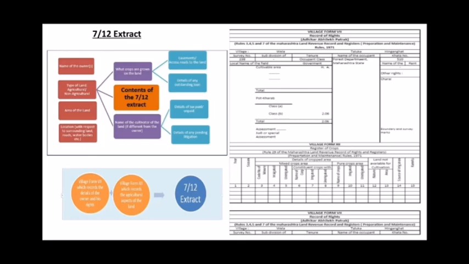Here the names of other joint holders are given, like when a land is owned by many people, or the land is in two people's names. So what is the other person's name on that land? This also shows the status of loans taken for agriculture and whether they have been paid or not.